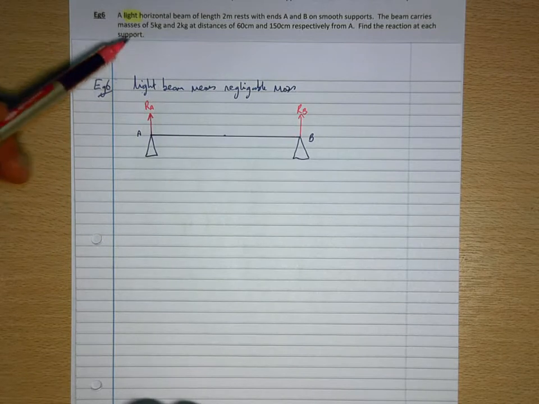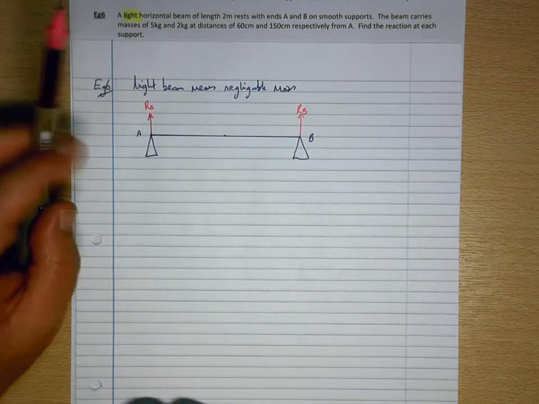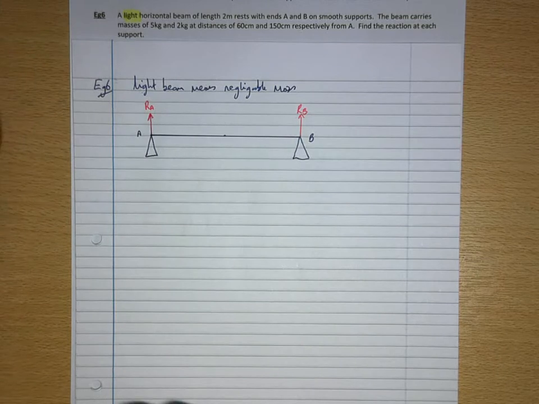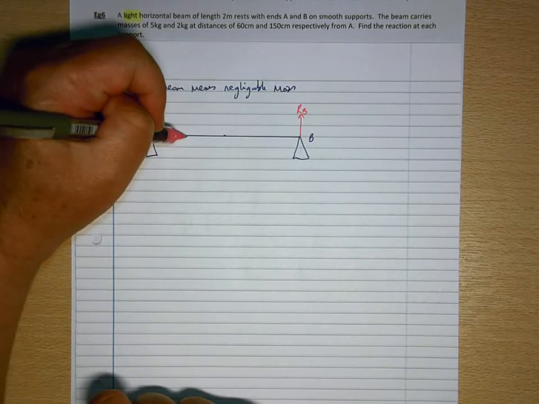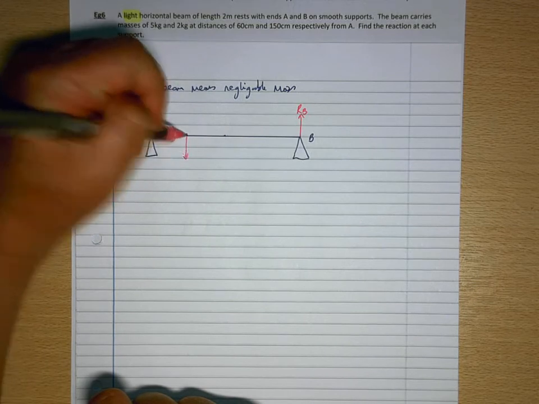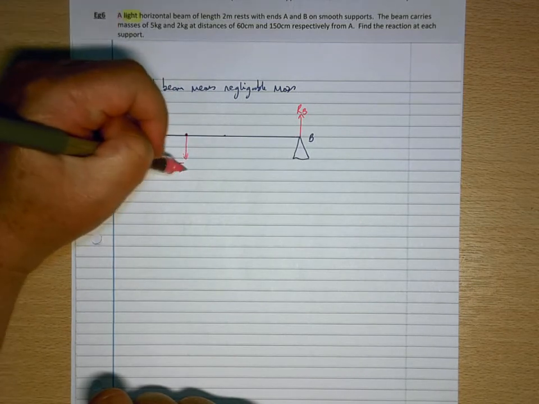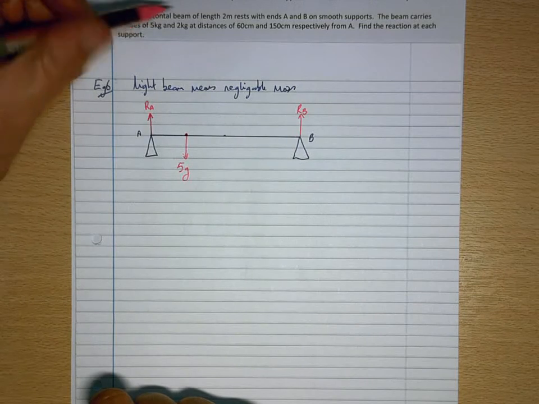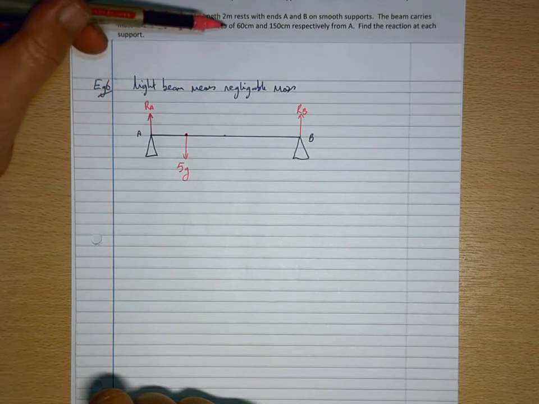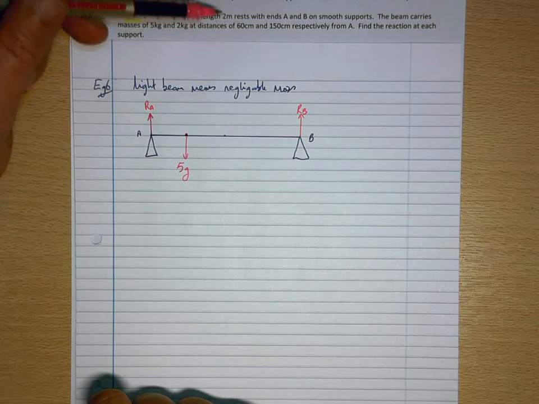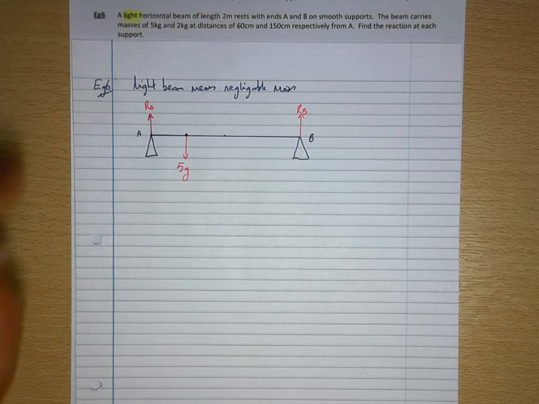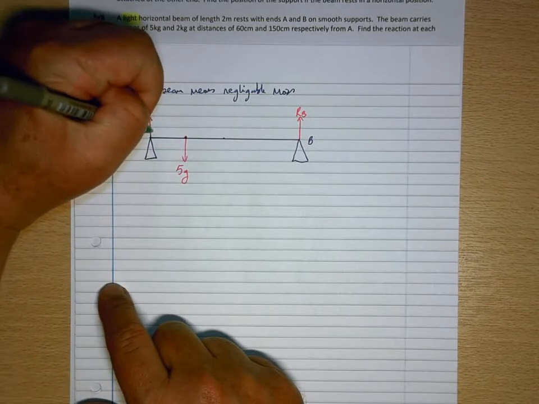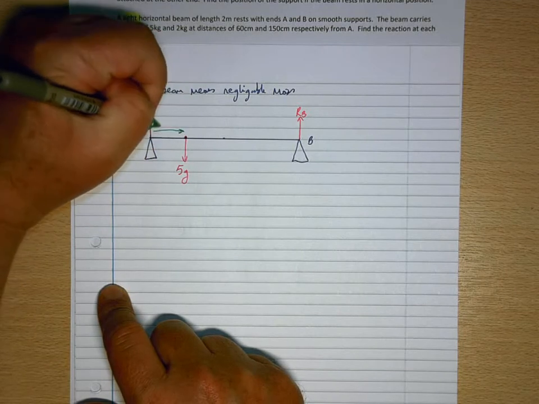So the beam carries masses of 5 kilograms and 2 kilograms at distances of 60 centimeters and 150 centimeters. So I've got a mass there of 5. One thing you need to be careful of in a question like this is that you are using the right units, and 60 centimeters we need to put in terms of meters, so that distance there is 0.6.